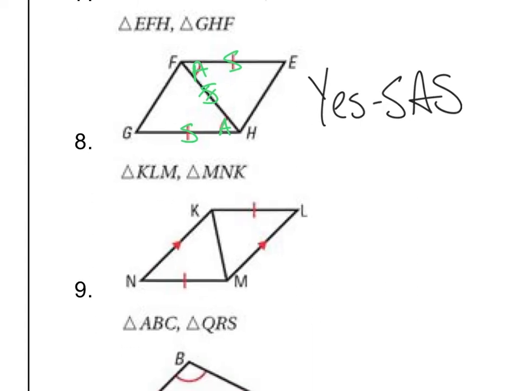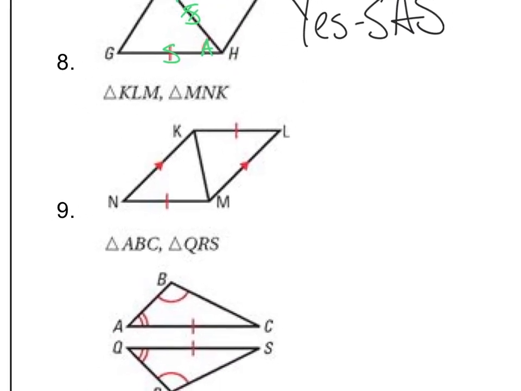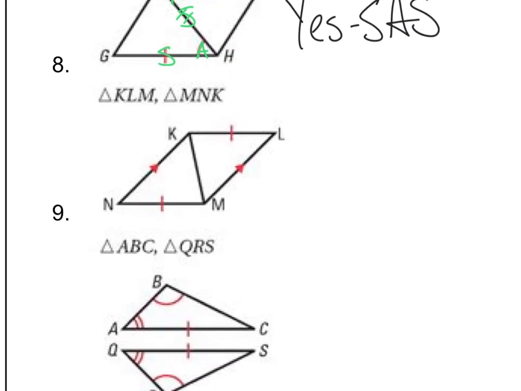Now they're also going to ask you to pull on some information that you learned in chapters 2 and 3 when we started talking about parallel lines. So if I look here, I have a side here and a side here. They don't give it to us, but we know that that's going to be congruent. So I have a second side. In order for this to work, I either need a third side that is congruent, or I need the angles in between them to be congruent.